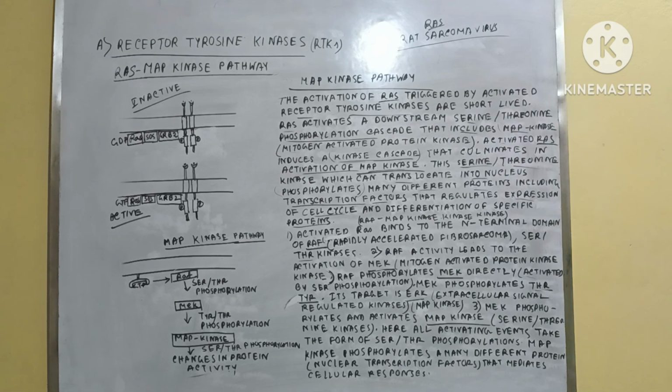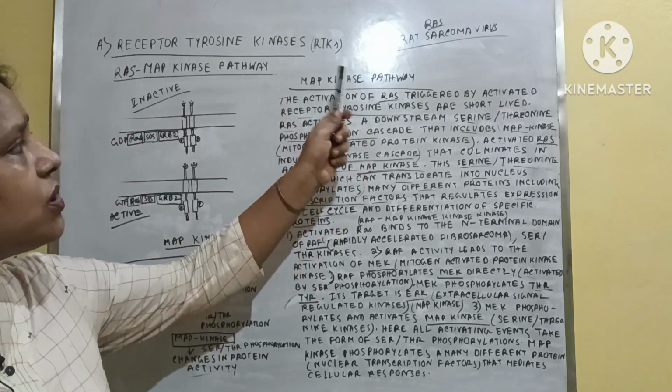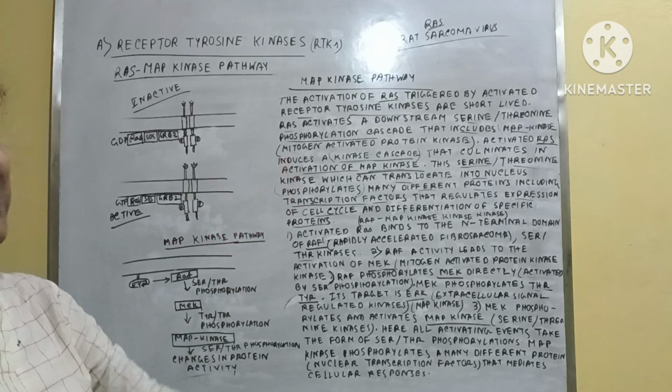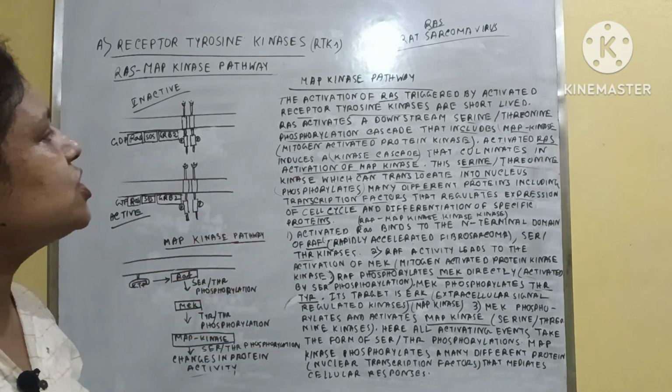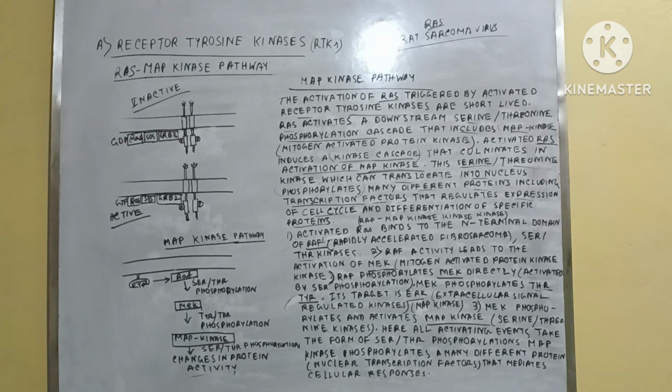Actually here, in the MAP kinase pathway, the RAS is involved, but the involvement of the RAS alone is not fully responsible for the signal transduction process. Clear? That means first RAS is activated, and the activation of the RAS creates a phosphorylation cascade.